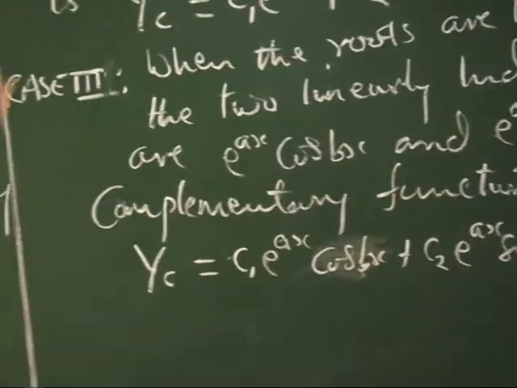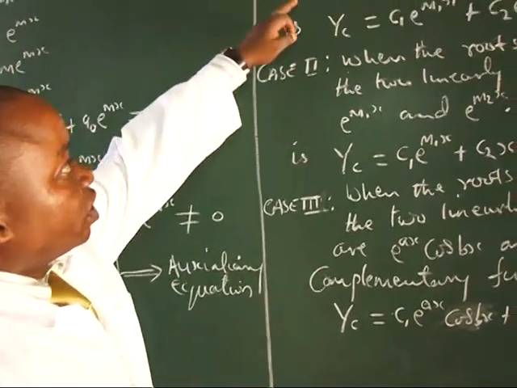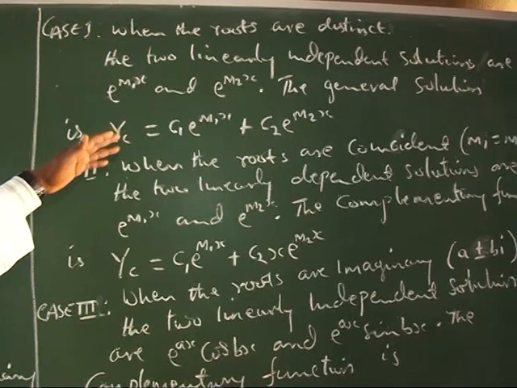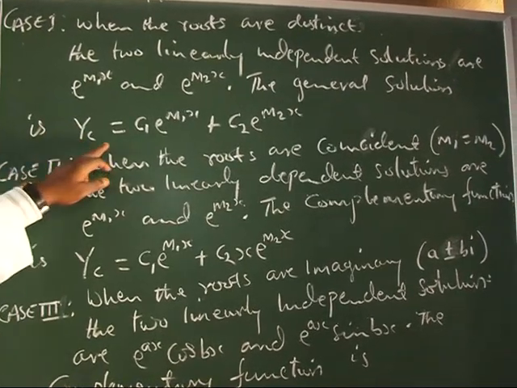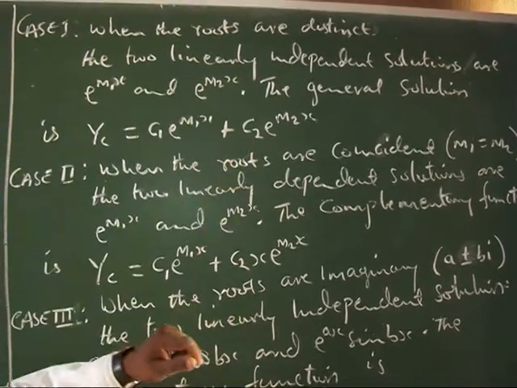So we have about 3 cases now. Case 1, when the roots are distinct, the general solution is C1 exponential m1x plus C2 exponential m2x.